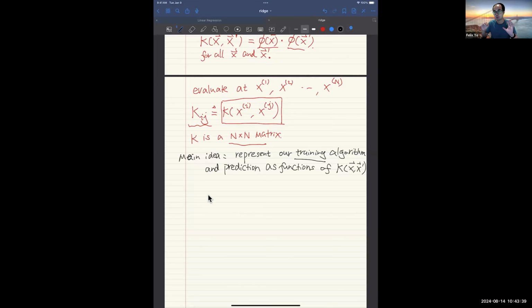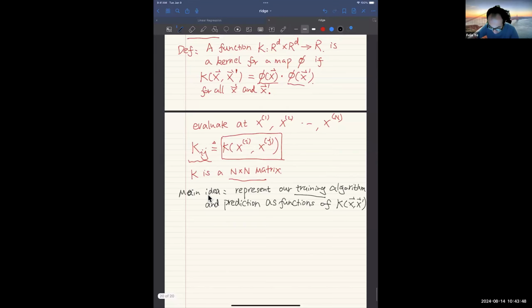So we're just trying to use this k function right here. Of course, I haven't told you how to calculate this k, and this is just by definition right here.